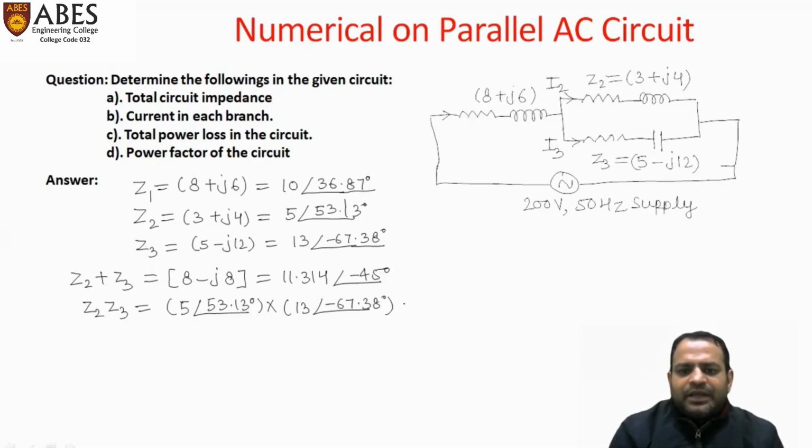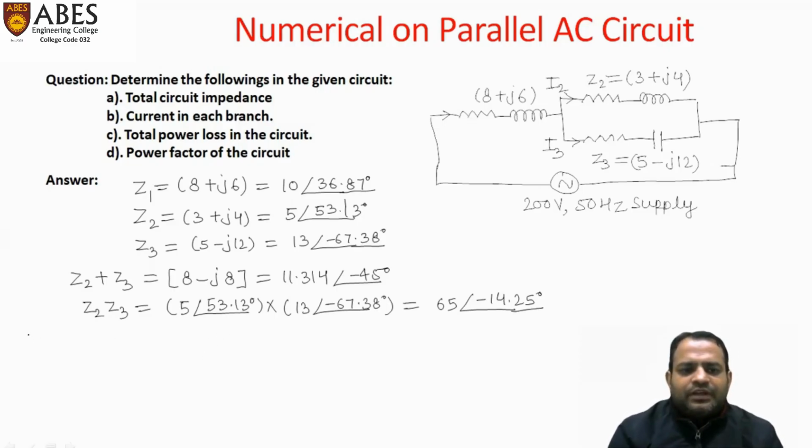So after multiplying, it is 65, and in multiplication, angle will be added. So minus 67.38 degree plus 53.13 degree, which is minus 14.25 degree. So this is Z2 Z3.